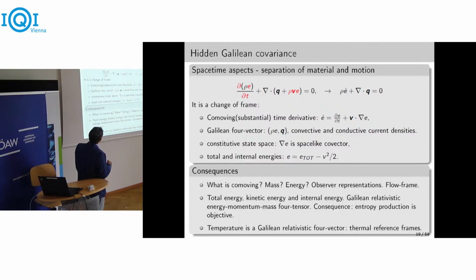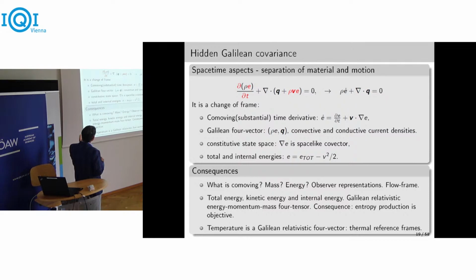And let me argue that all the structure previously presented has a hidden background, really looks like a hidden space-time representation. One of them is the mentioned co-moving derivative. Now I've written the previous equation in a different form. Now not the momentum balance, but the energy balance.